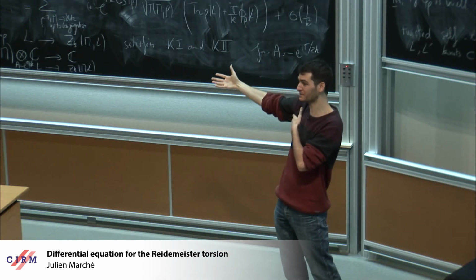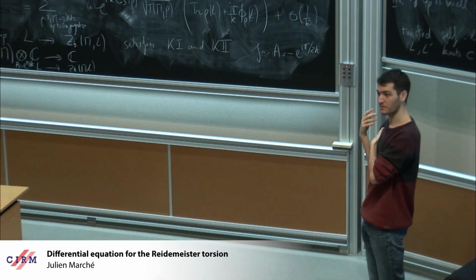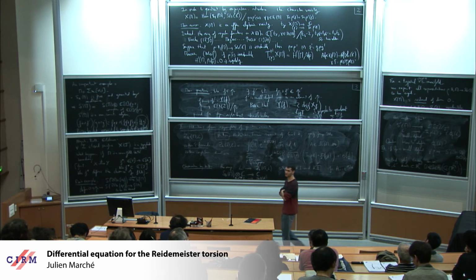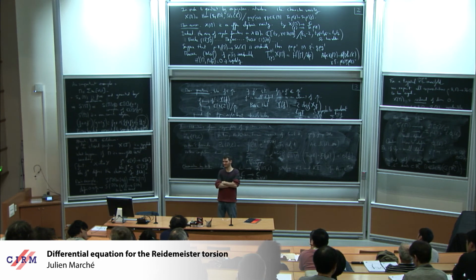I'm more interested in it, but I do not know how to prove anything. And there is the other question about closed three-manifolds, which is the definition of this phi rho. This I have something to say about, so that's why I prefer to talk about the second topic. I believe there are relations, but I don't know exactly which ones. So there is still some work to do here.